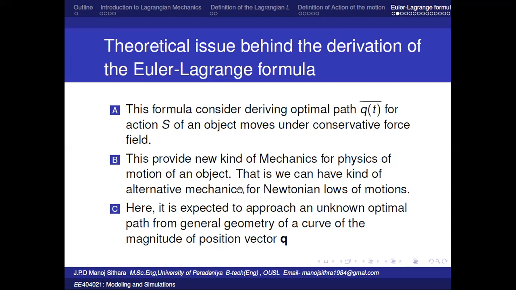And that is the second thing. Here it is expected to approach the unknown optimal path for the general geometry of a curve of the magnitude of the position vector.